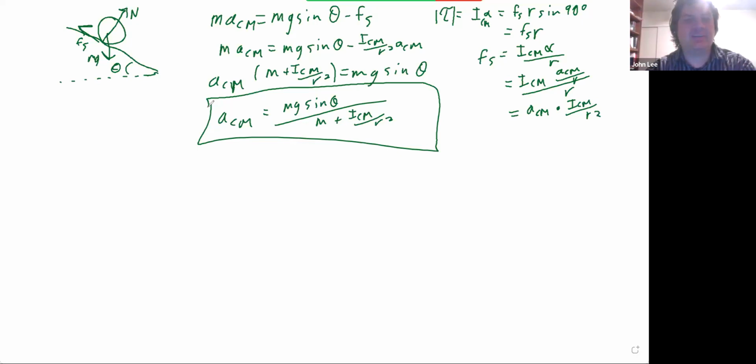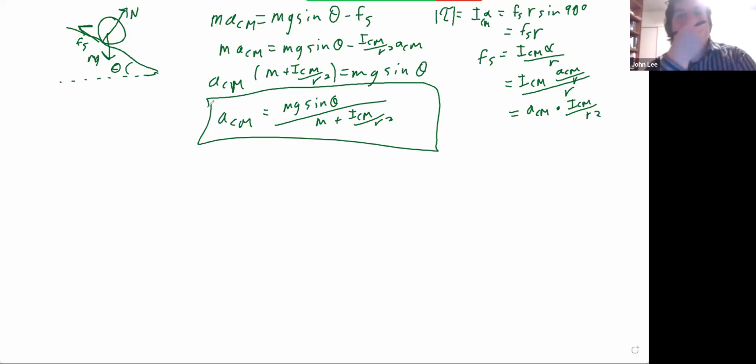So there's going to be static friction, which is going to lower the acceleration through the center of mass, and then that static friction is going to be moving the particles in a circle. So that's where you get your I center of mass over R squared.